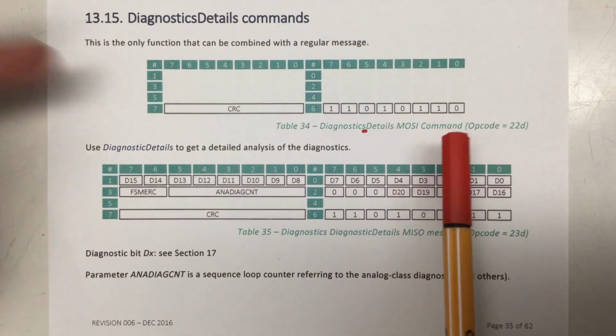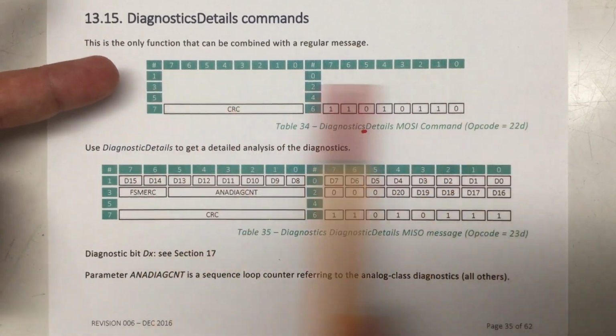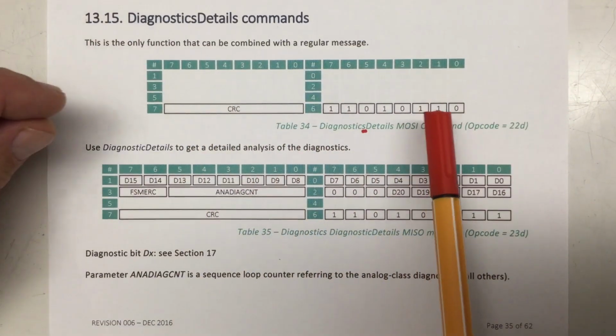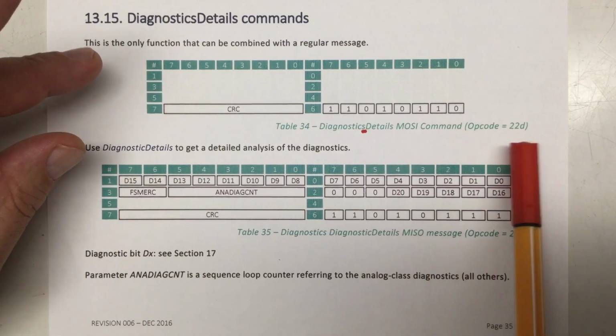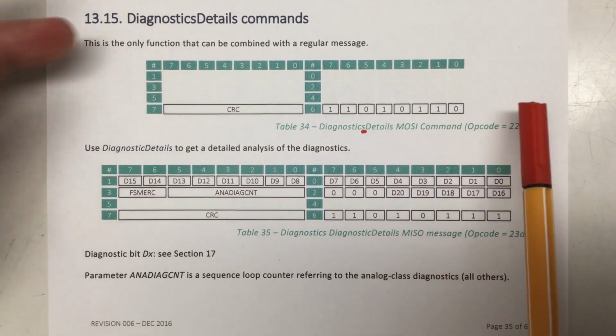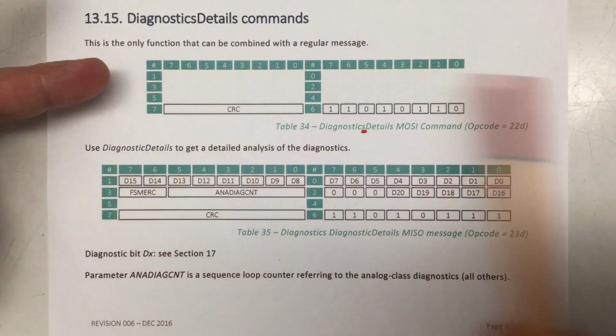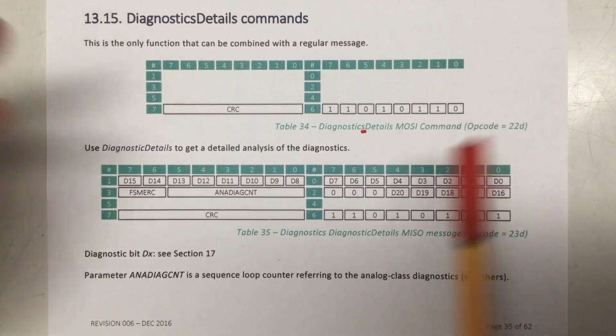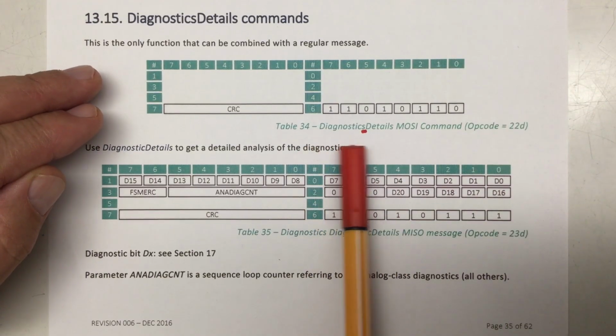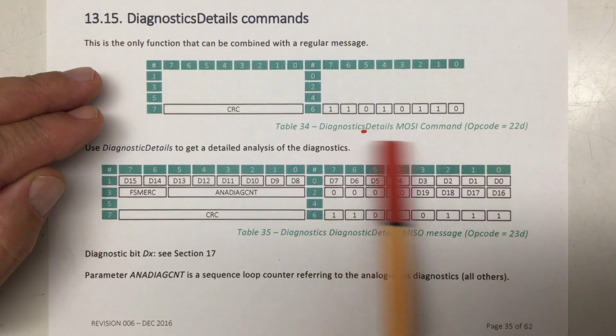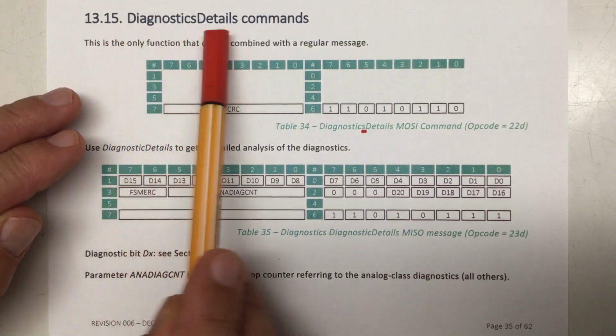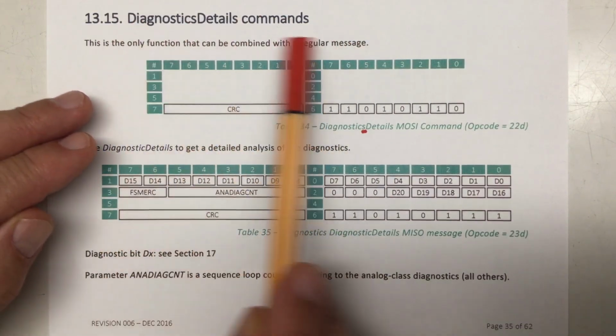The MOSI message is basically an empty message, so not much to implement there. Just create that opcode and one method that we can send that message to our slave. Please note it's called here diagnostics with an S details, like also here diagnostics in the heading.